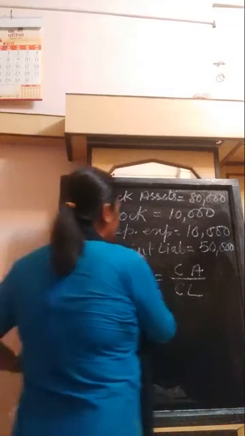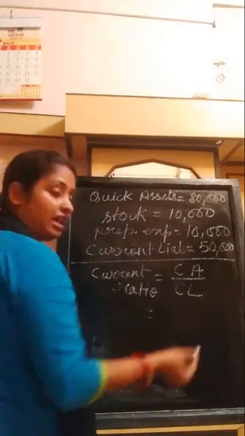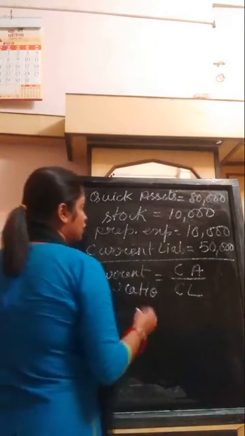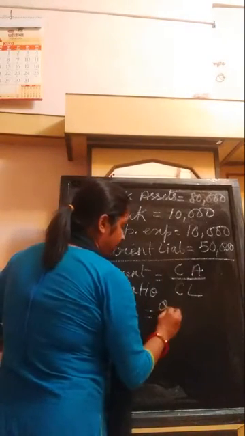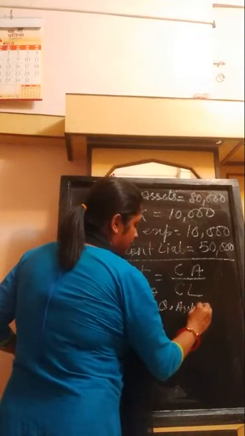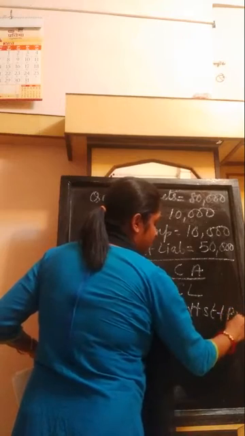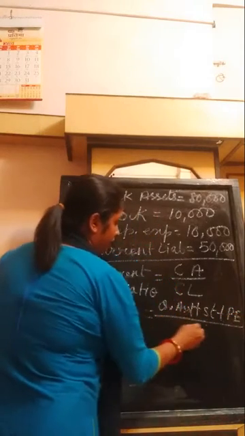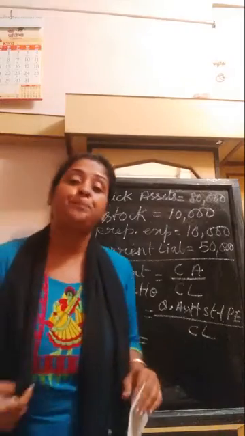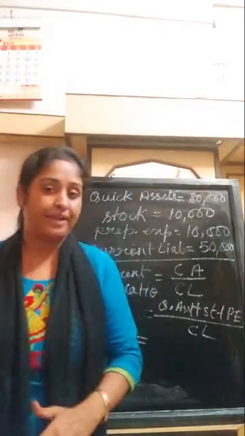There is no information of current asset, but current asset is nothing but the summation of quick assets plus stock plus prepaid expense, divided by current liability. Current asset is nothing but the summation of quick asset and stock and prepaid expense.